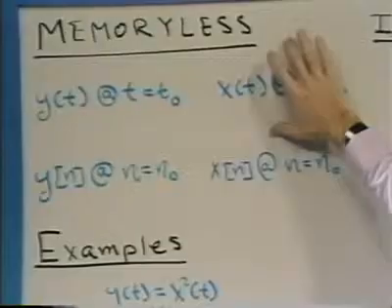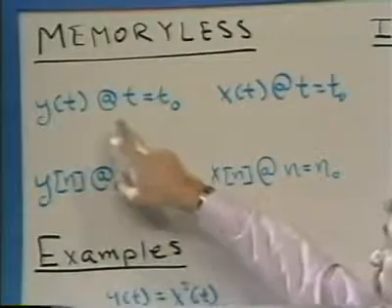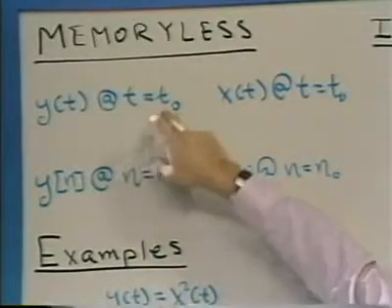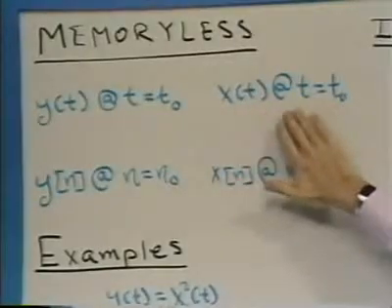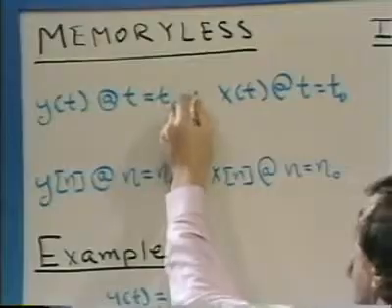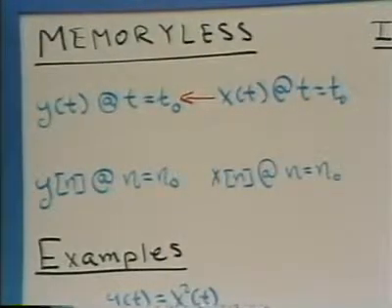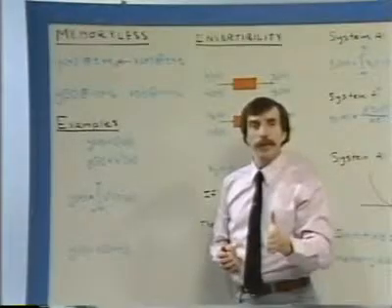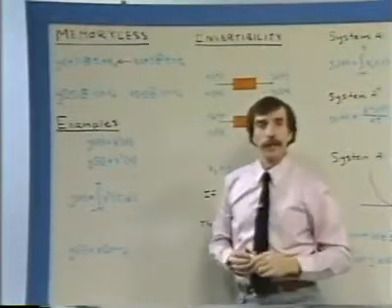Well, let's begin with the property which I refer to here as memoryless. And what I mean by a system being memoryless is that the output at any given time, t0, depends only on the input at the same time. And so what I'm suggesting is that a memoryless system is one for which the output at a specific time depends only on the input at that time.